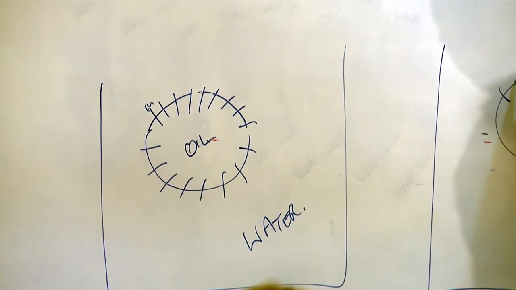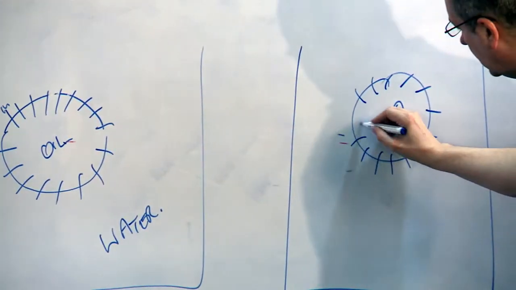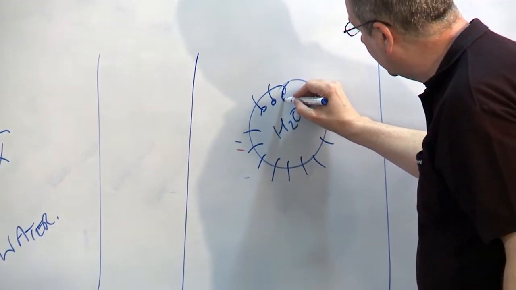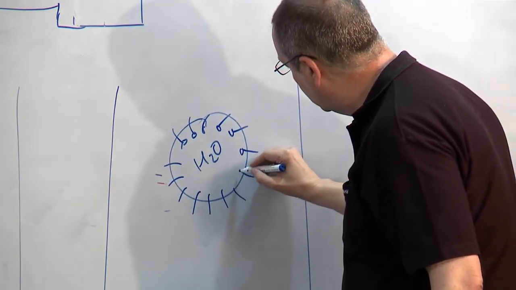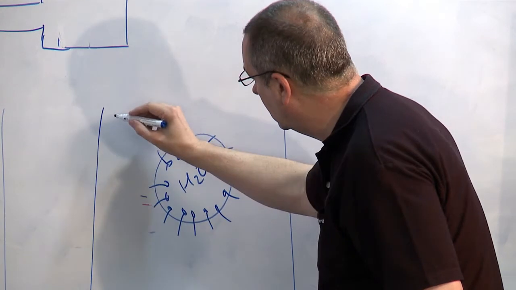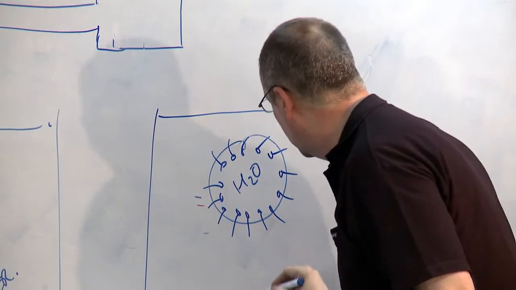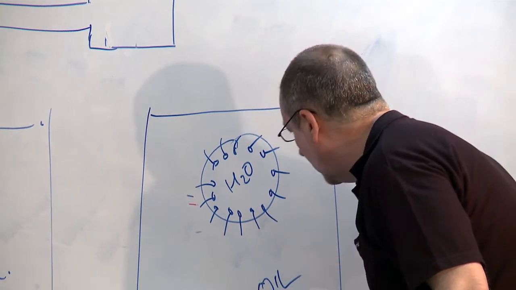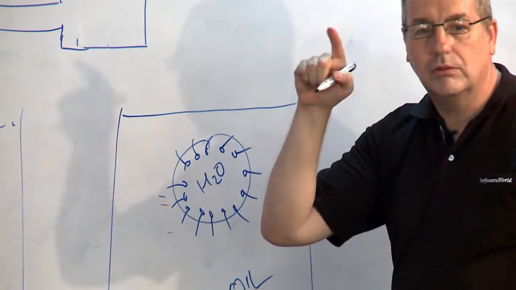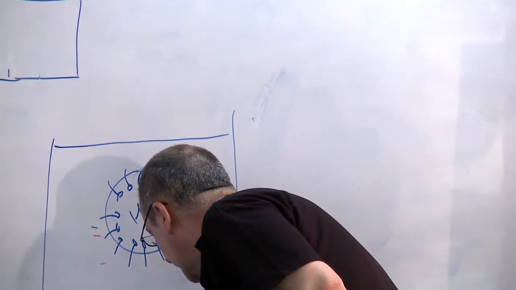Water, here the heads are on the inside. Oil, and so this one is called a water in oil emulsion.